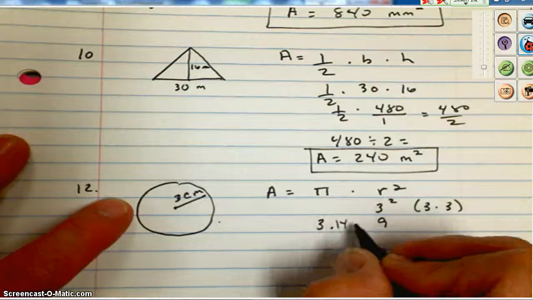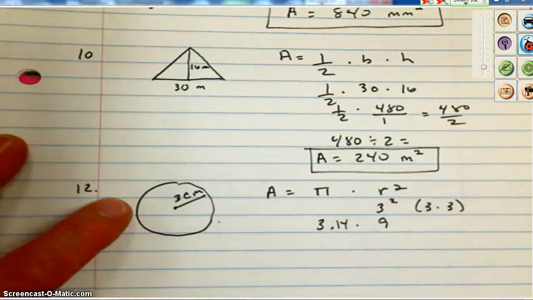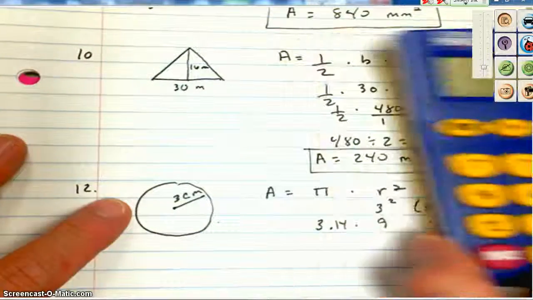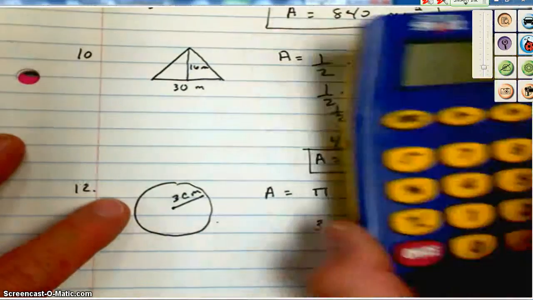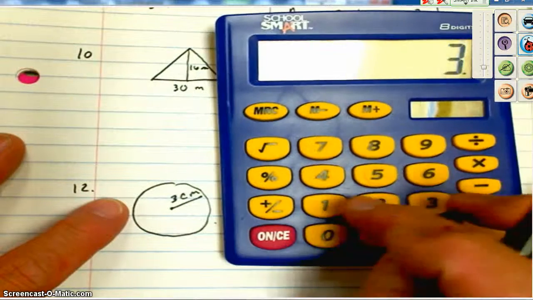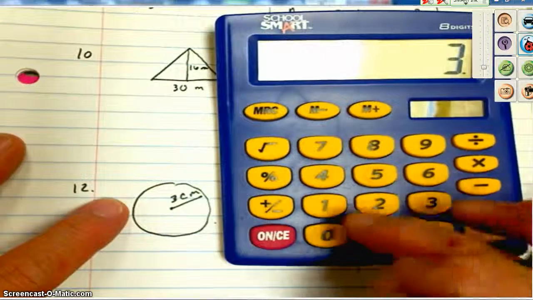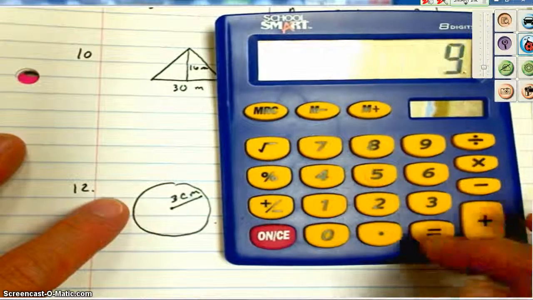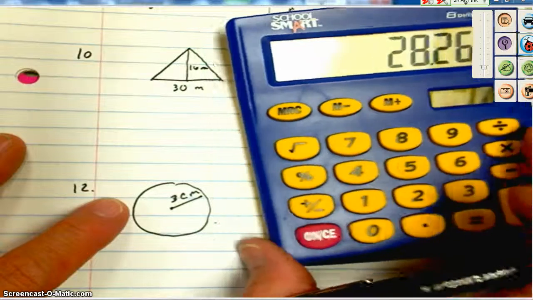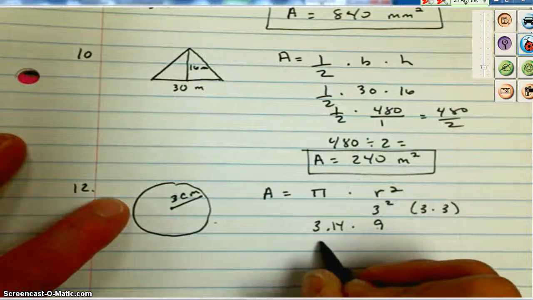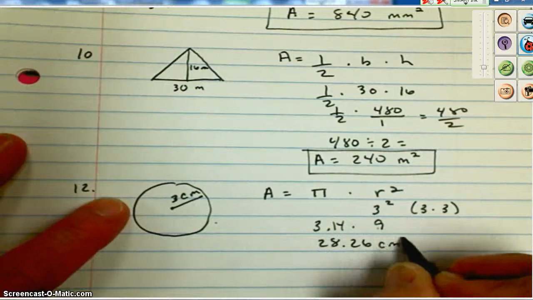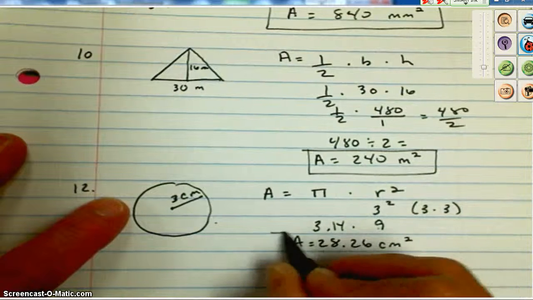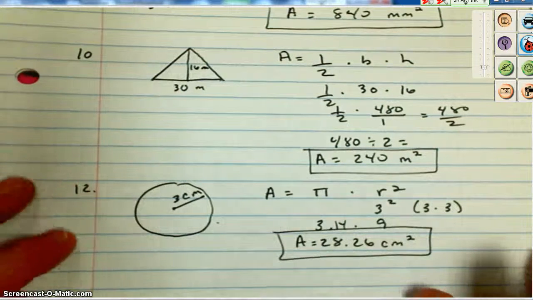Pi is 3.14. We know our answer is going to be about 27, approximately. So 3.14 times 9 is equal to 28.26 centimeters squared, and that is our area for our circle.